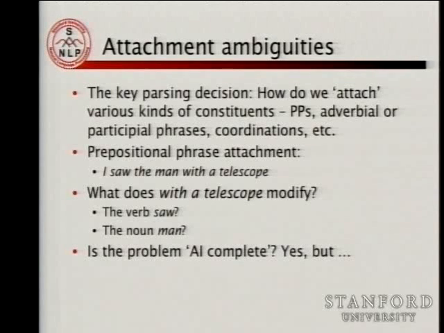Well, one answer is, of course, this is an AI complete problem. Use every bit of knowledge you have about world knowledge, context, sentence prosody, and you put it all together and you make the right decision. In some sense, that's the right answer and appears to be what human beings do.